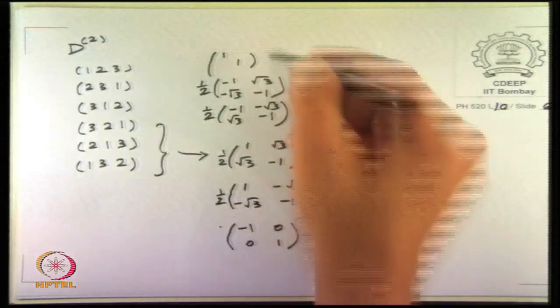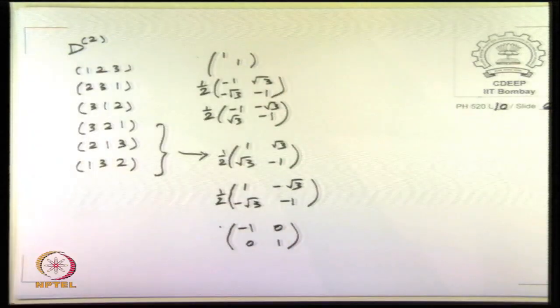So there is a 2 by 2 representation of all these operations like this.